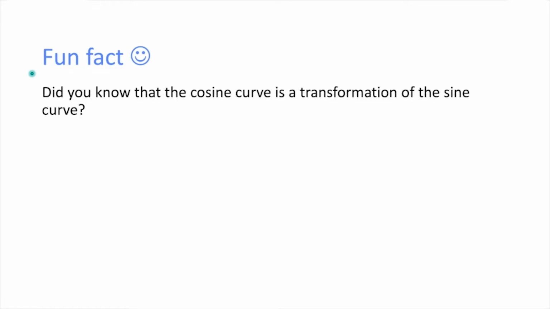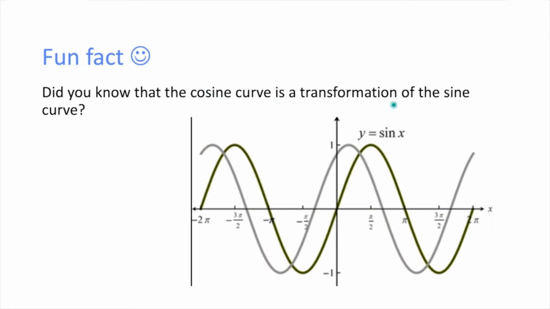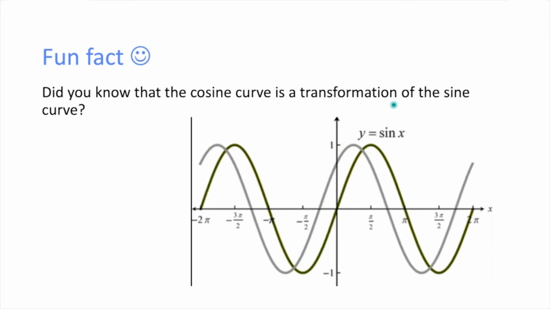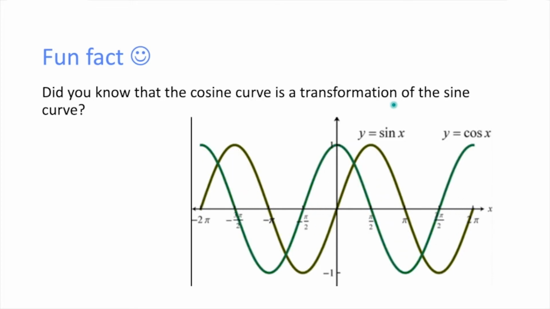We've already seen a transformation of the sine curve without realizing it. The cosine curve is a transformation of the sine curve. In fact, it's a horizontal translation as it moves the sine curve to the left. In fact, every single transformation of the sine curve is called a sinusoid.